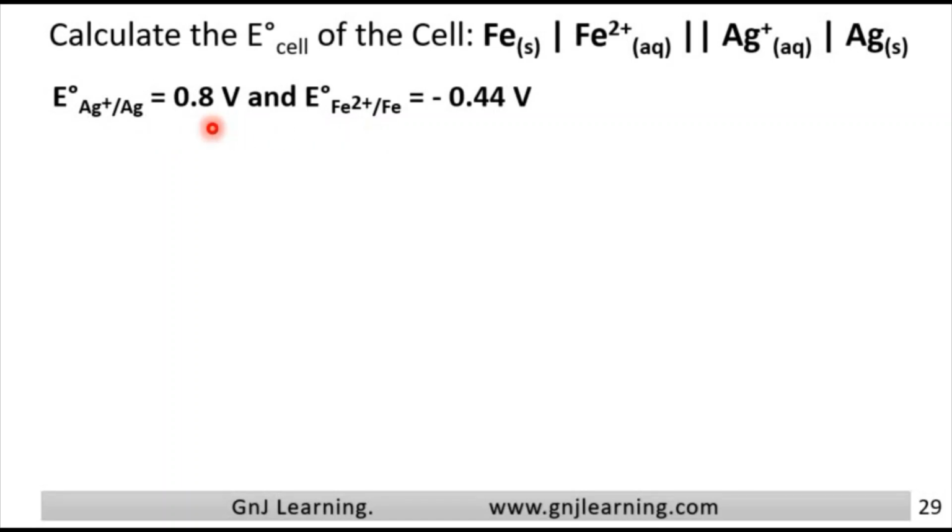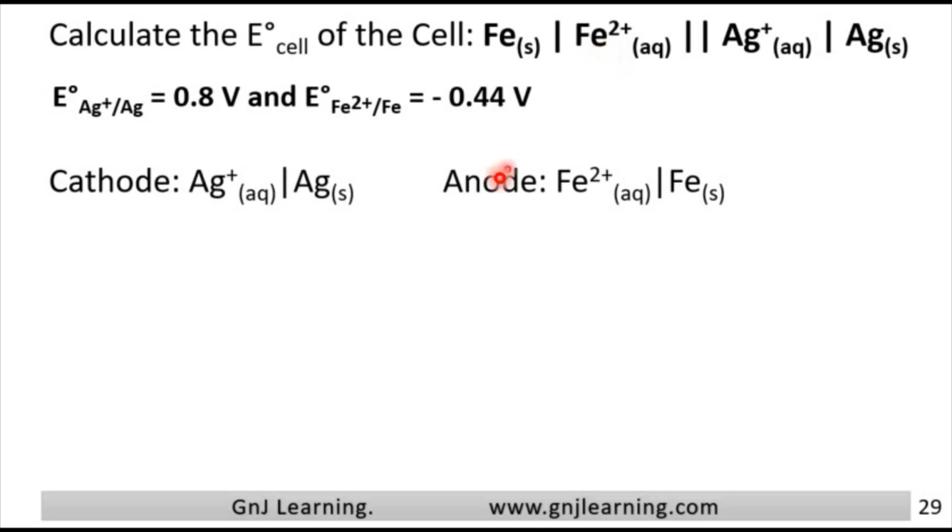For silver it is 0.8 volt and for iron it is minus 0.44 volt. From the values itself it is clear that the one with higher potential is the cathode and the one with lower potential is the anode, and also from the notation. So the cathode is silver and the anode is iron.